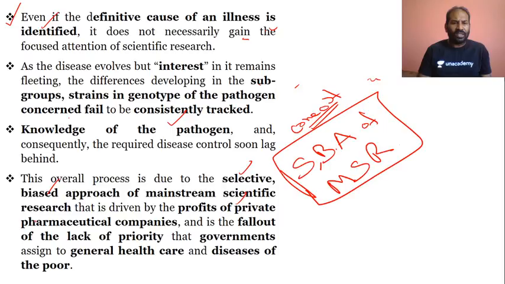That is what you were talking about, Pratham. It is driven by the profits of private pharmaceutical companies, and is the fallout of the lack of priority that governments, please do understand this, assign to general health care and diseases of the poor. I think, Pratham, now you are getting the point exactly.